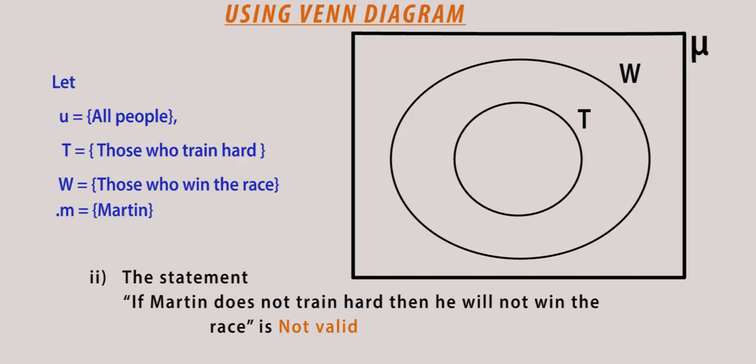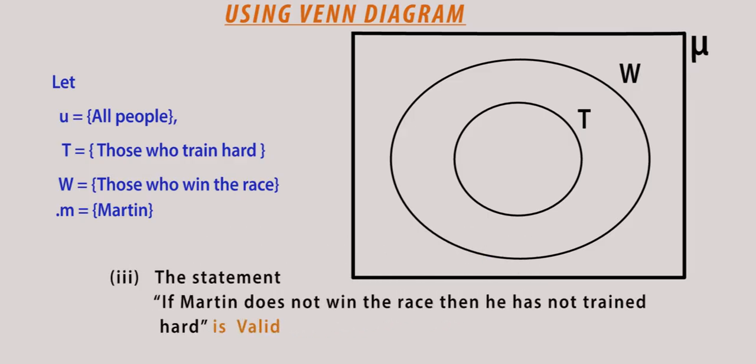And then III, the statement, if Martin does not win the race, then he has not trained hard, is valid, given the position of M in the Venn diagram. I hope you understand, and you can use the Venn diagram to determine the validity or otherwise of an argument.